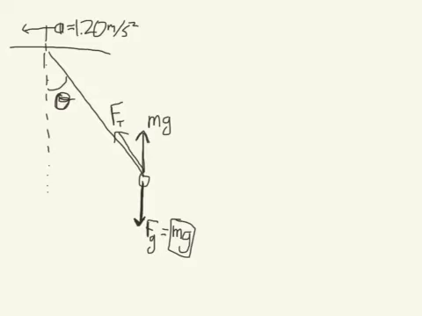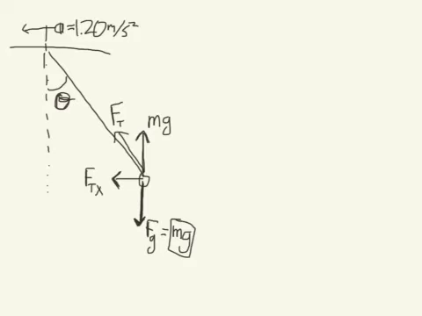And if we continue to decompose the Ft vector and give its horizontal component here, this would be the force responsible for accelerating the ball. And I guess we can call that force of tension in the x direction.